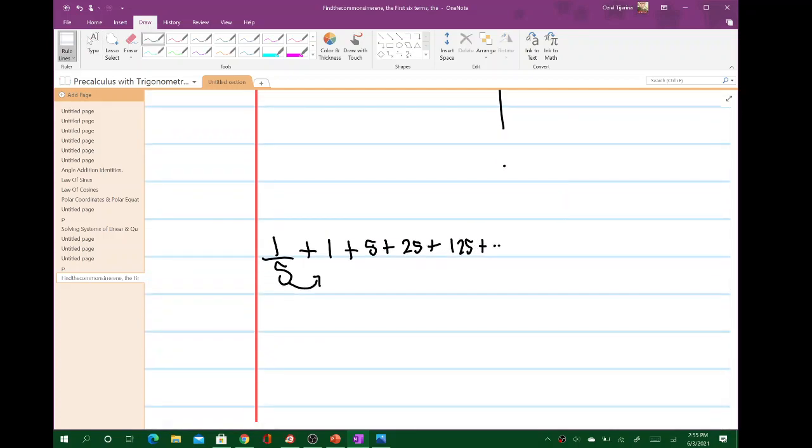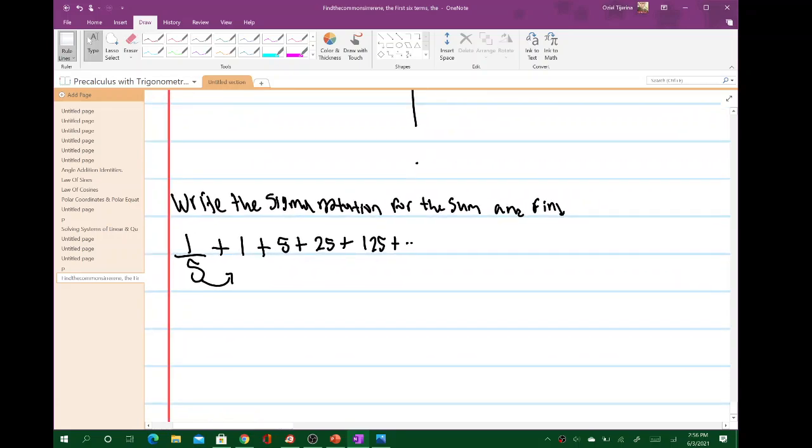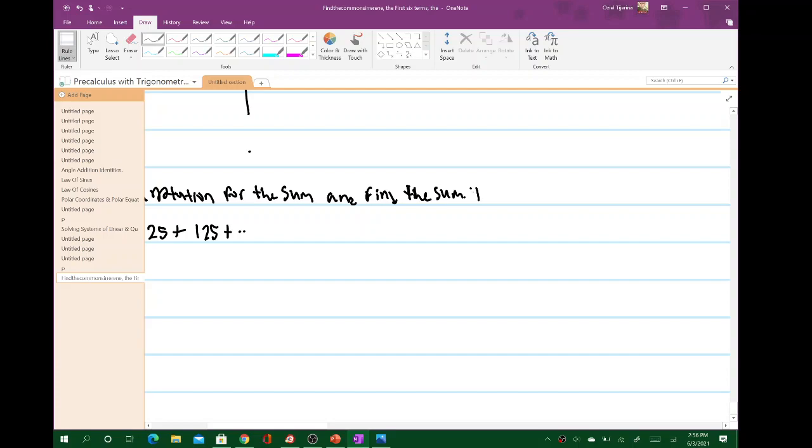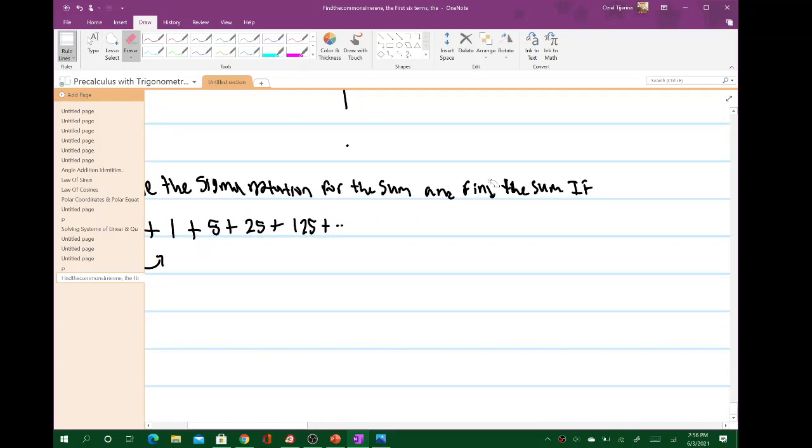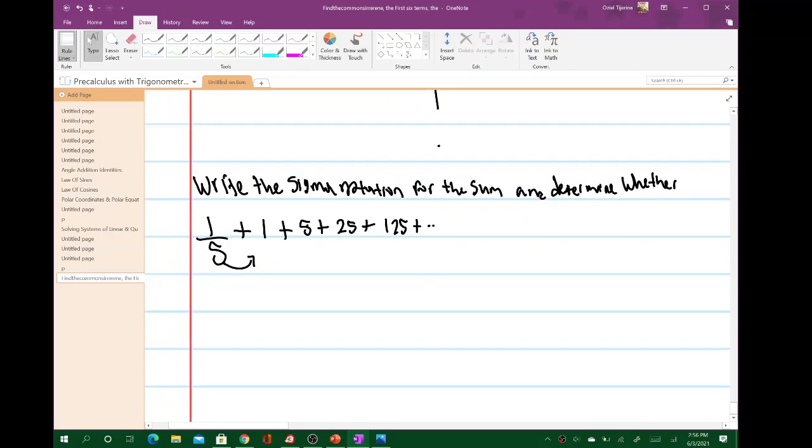Let's say it said, write the sigma notation for the sum and determine whether the sum converges or diverges.